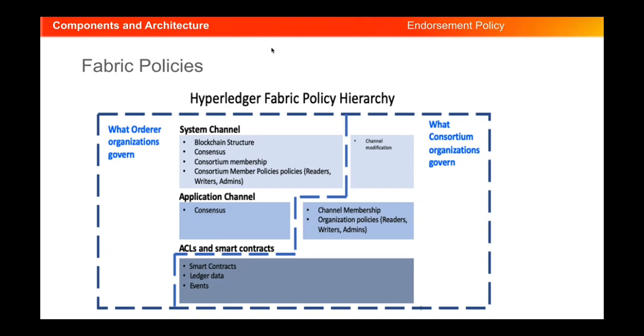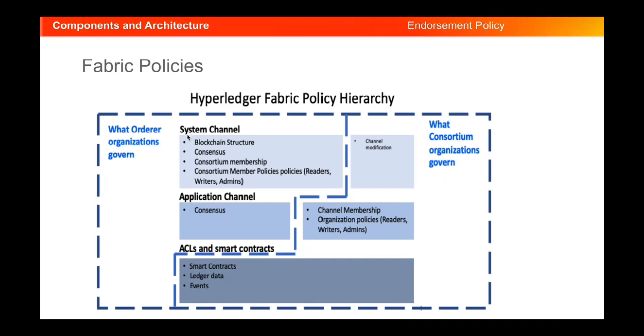This diagram shows the Hyperledger Fabric policy hierarchy, and which part is governed by what. The partition on the left is governed by the orderer. The partition on the right side is governed by the consortium organizations.